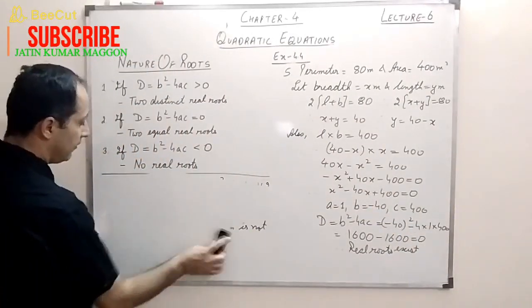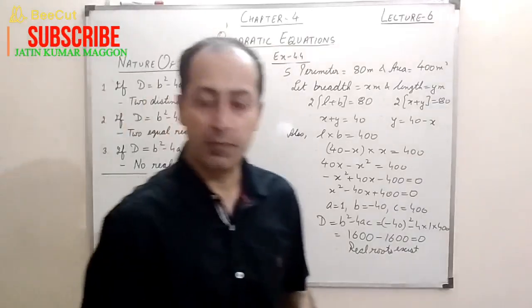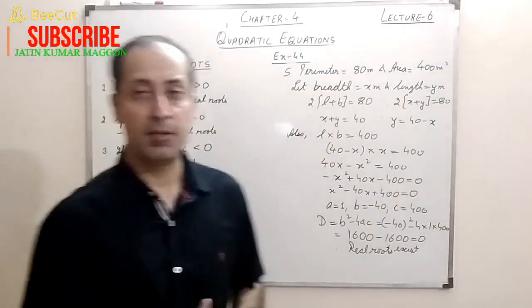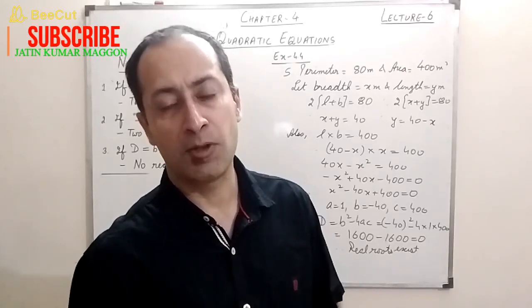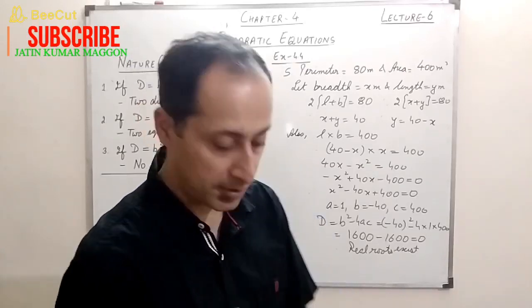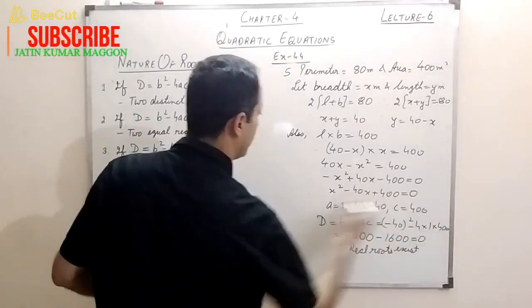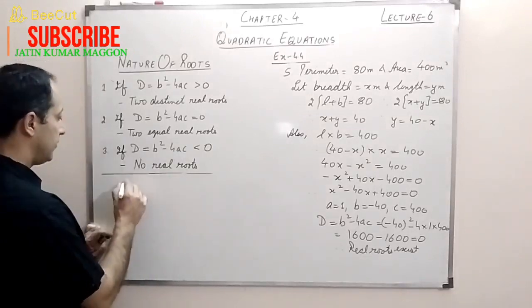Now if real roots exist, we have to find the value of length and breadth. You can apply any method, whichever method you are comfortable with. But if in the exam a particular method is given, then you will have to use that method only to simplify the quadratic equation. So now we have the equation x square minus 40x plus 400.